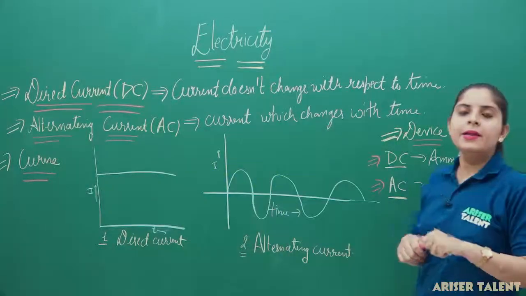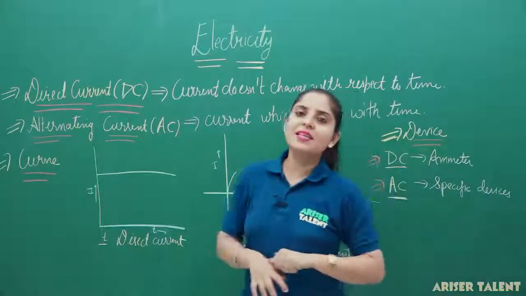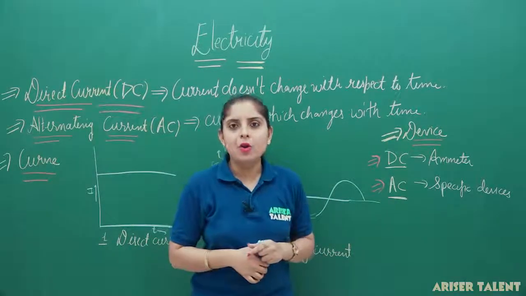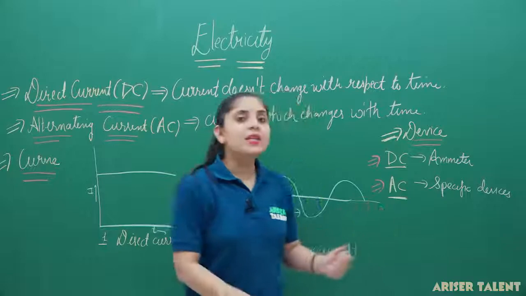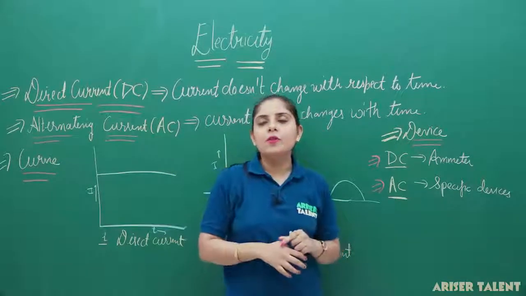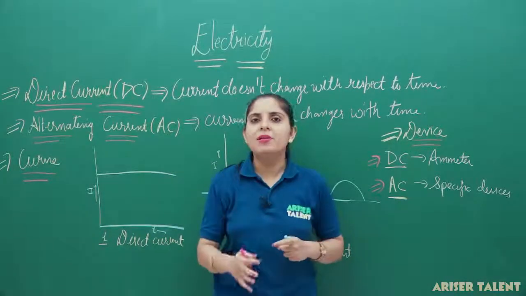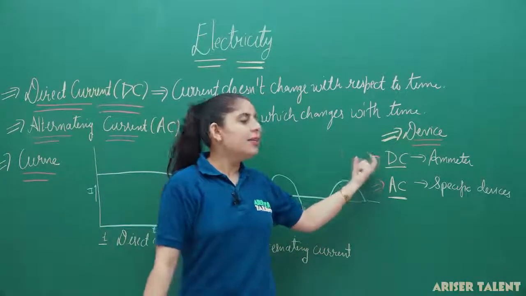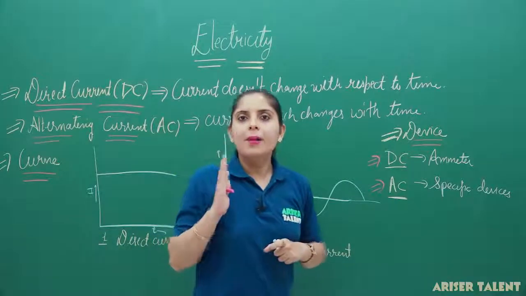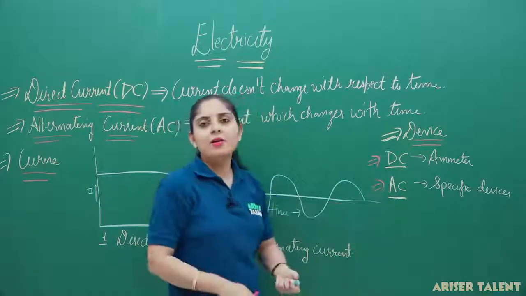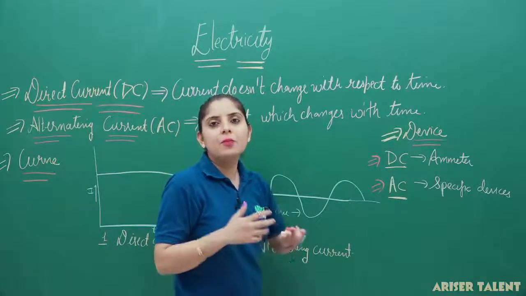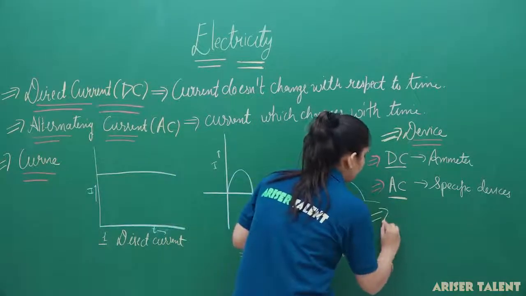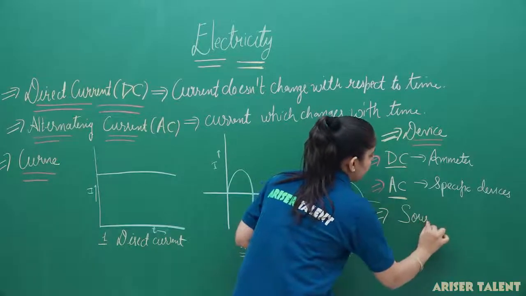The next difference between AC and DC is that DC current can be simply produced by a cell or battery, but for producing AC current, you will require a lot of reactions. It may be thermal reactions, nuclear reactions, or many more, and a larger amount of apparatus. So the next term is source of production.